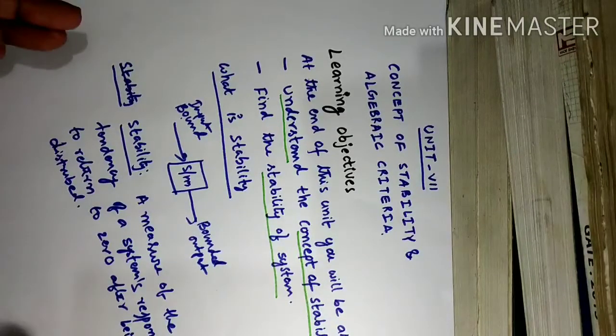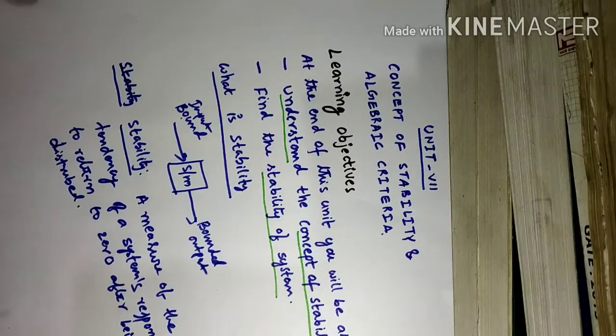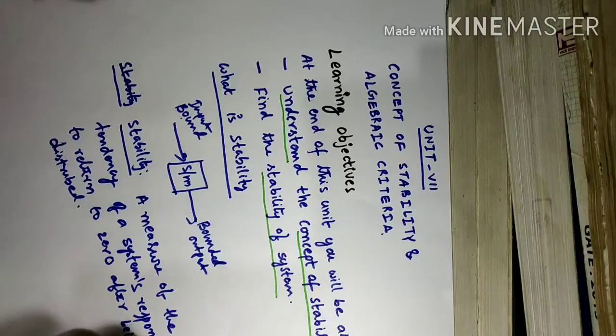What does stability mean? A measure of the tendency of a system response to return to zero after being disturbed. It means when the system is disturbed, it should return to its normal position. If that does not happen, we say it is an unstable system.